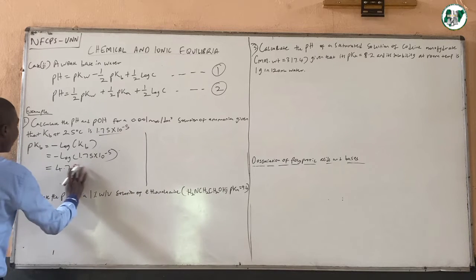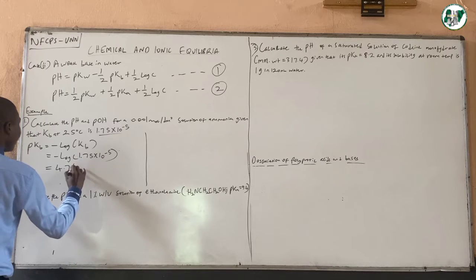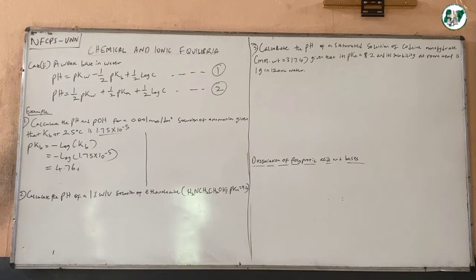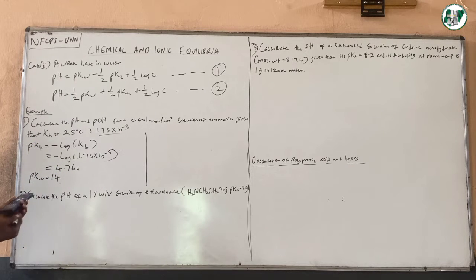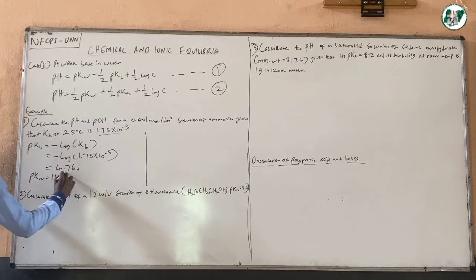So at the end of the day, you can approximate it to 4.76. So this is our pKb for ammonia solution, that's ammonium hydroxide. We have our pKb, and I've told you already that pKw is equal to 14. So the next thing for us is to apply our formula. Meanwhile, we can actually still calculate our log C here for saving of space.